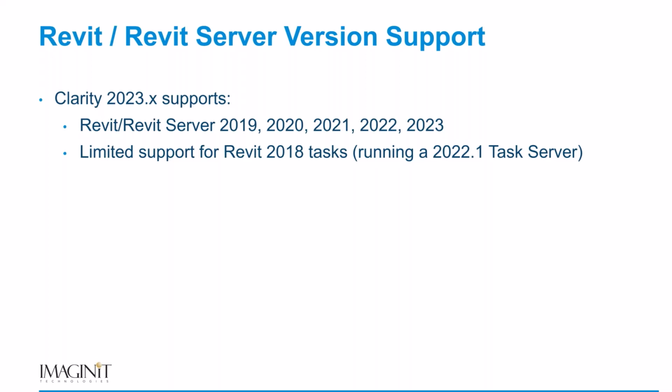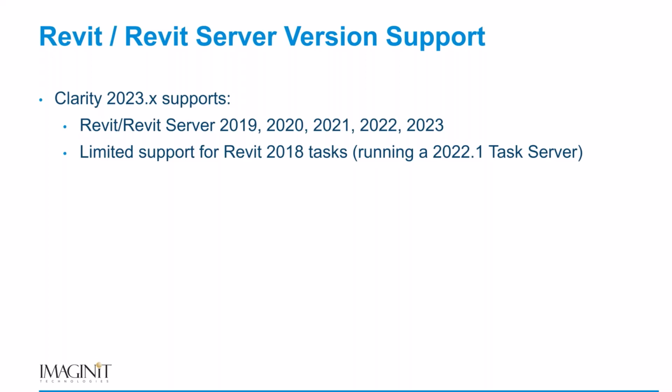You would keep a version of the task server that's a 2022.1 version, but that is still able to connect up to a more recent Clarity host, and that machine would be able to run 2018 up through 2022.